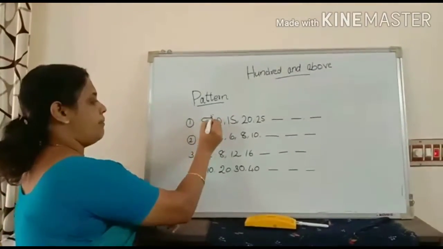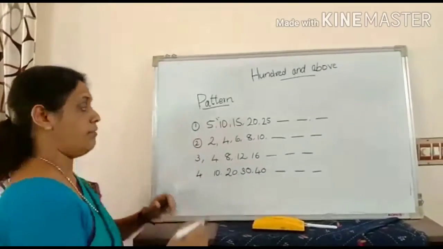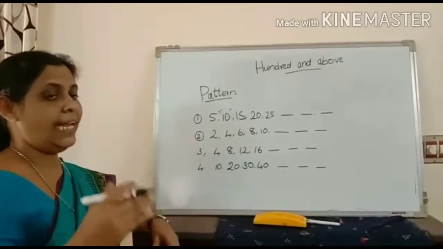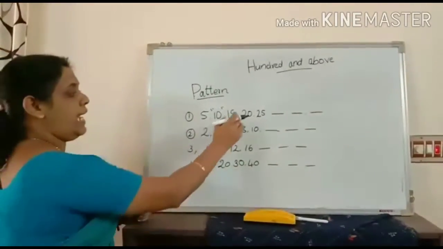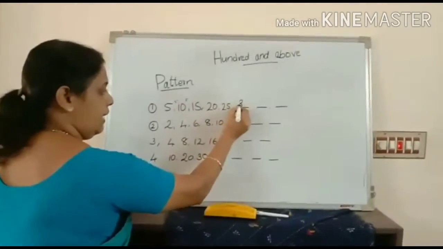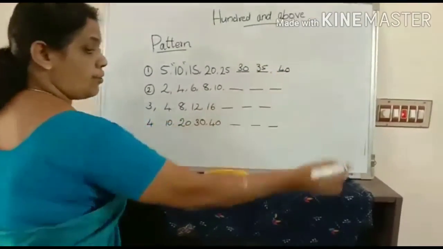Between 15 and 10, 5. This is a 5 adding pattern. So we can write 5, 10, 15, 20, 25, 30, 35, 40 and so on, isn't it?